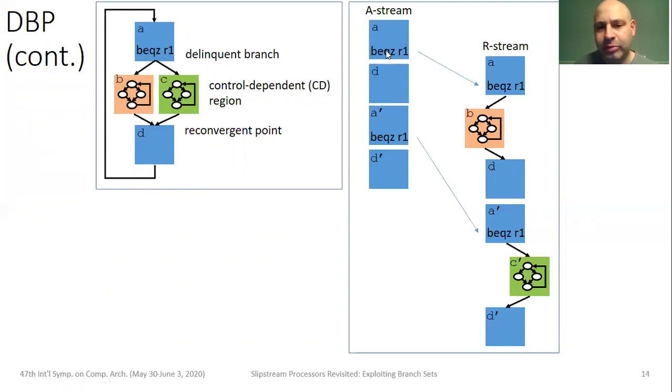So here the A stream is unrolling the loop into instances A and D, and A prime and D prime for the second iteration. And same thing with the R stream. And the R stream, guided by the A stream, fetches the correct path perfectly. Of course, it has to resolve any control flow within the control-dependent regions that were skipped, and the A stream, again, is insulated from any problems that are in those regions.